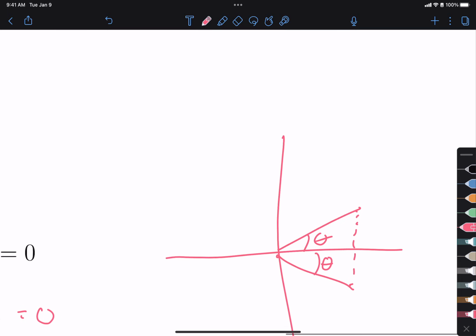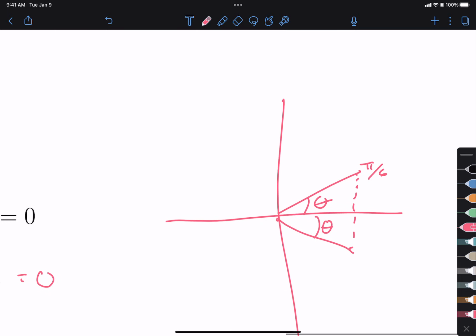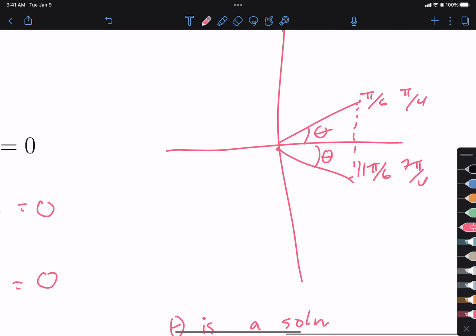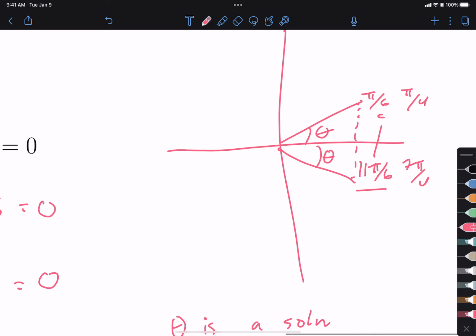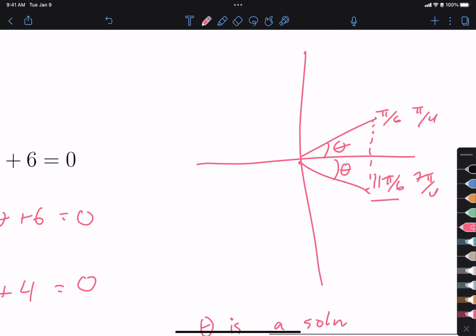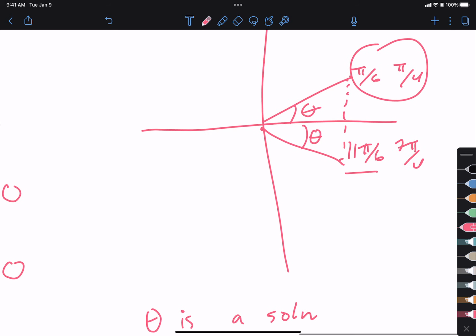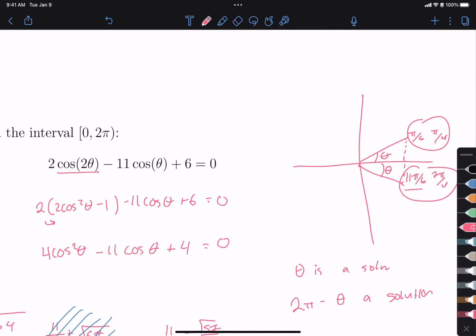So think back to pi over 6 and 11 pi over 6, right? Or pi over 4 and 7 pi over 4. These are both 2 pi minus pi over 6 or pi over 4 respectively. So what we're saying with cosine is when we have one solution, we can find another solution by just taking 2 pi minus that solution. So let's do that now.